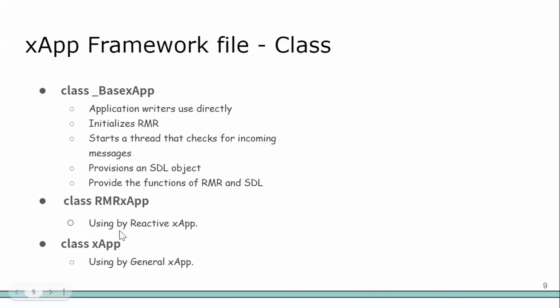Okay, and the next class is xApp, and it's used to design the general xApp, and it also inherits from the base xApp. This xApp is constructed by a single function, so the xApp can use it to fetch data or do its work.